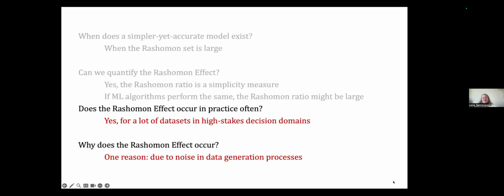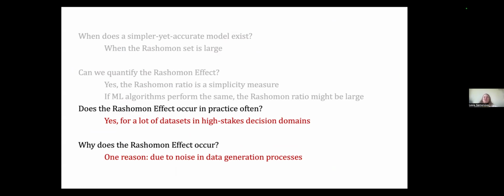It also gives us an answer to the last question when we asked, why does the Rashomon effect occur? And one of the reasons is noise. But also now we can see that it occurs in practice more often than my limited experiment with 50 data sets could allow me to show, because I would expect it occurs for a lot of high-stakes decision domains.